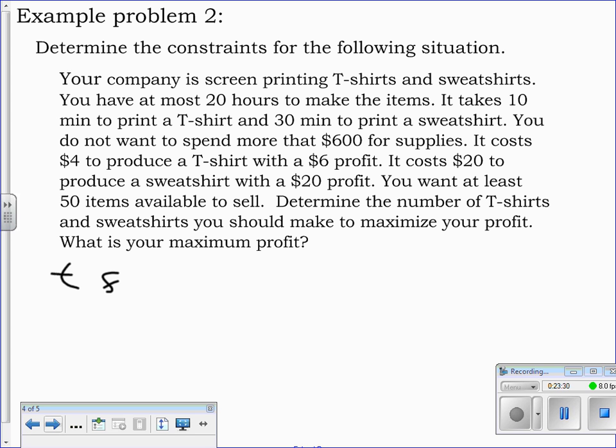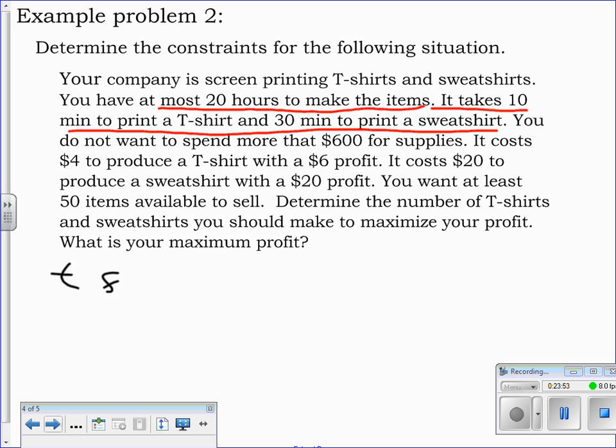You have at most 20 hours to make the items. That's a constraint. I don't have more than 20 hours to work. That's a limit on my time. It takes 10 minutes to print a T-shirt and 30 minutes to print a sweatshirt.